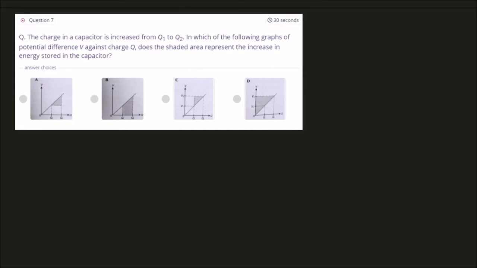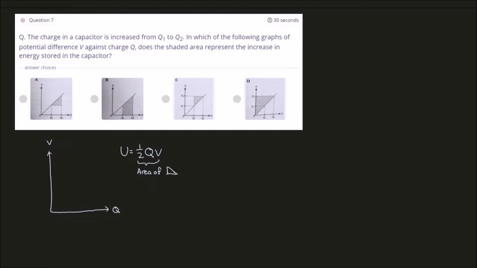If you refer to my lecture notes on chapter 2, you learn that the derivation involves understanding a graph, which is a QV graph. In this case, it's a VQ graph. You can deduce from the equation that half QV is actually just the area of a triangle, a right angle triangle in this case.